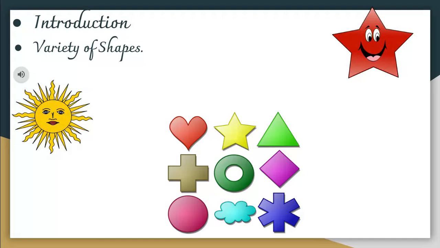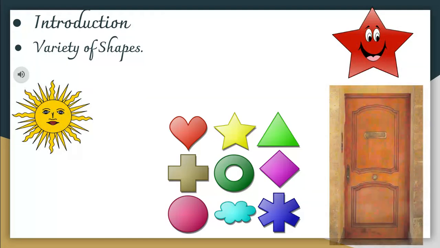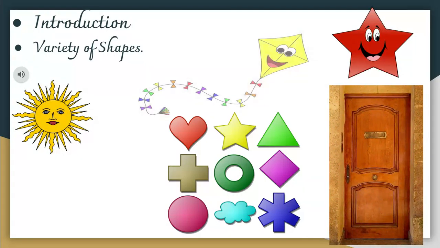Again, compare these with something like a door or a window. What are their shapes? They are somewhat in the shape of a rectangle. These are the shapes that we are going to talk about in more detail in this lesson. Now, look at this kite. The shape of the kite and the shape of the door are not exactly similar.